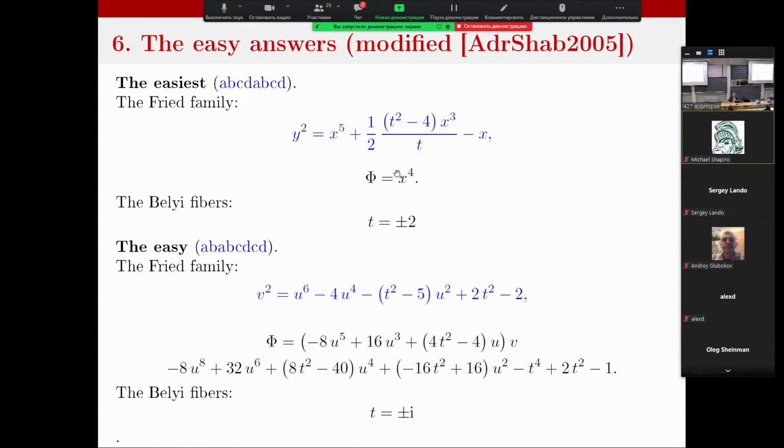So this is the easiest one, and you see, as it was said before, that the corresponding capital phi is just the Fried function being restricted to any fiber. So just there are the fibers that turn it into the Belyi function, and a bit more complicated answer in the easy case also has some nice and very simple interpretation that we skip now because of the lack of time.